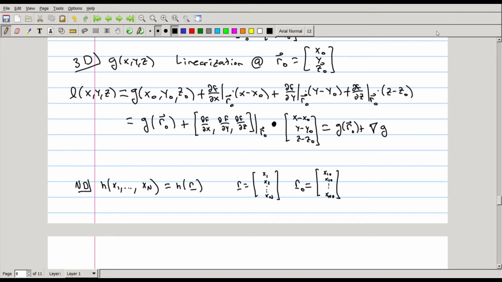Oops, and I'm really sorry, I just realized that when I wrote this down I was using f here because I forgot that I'm using g for my function of 3 variables. So this should be dg dx, dg dy, and dg dz. Same thing right here.